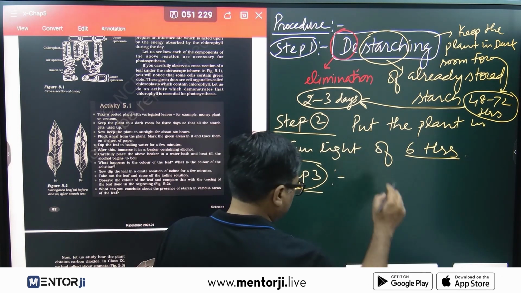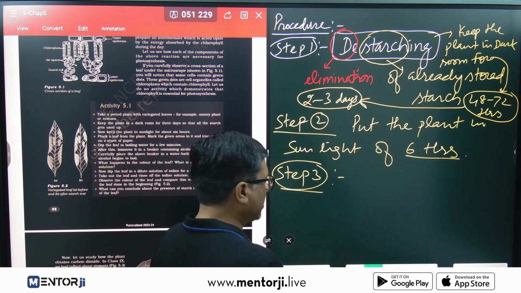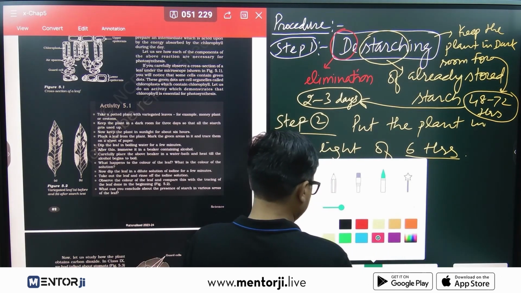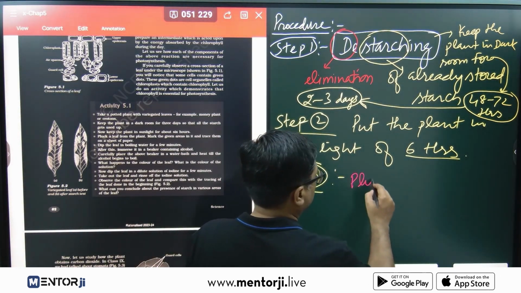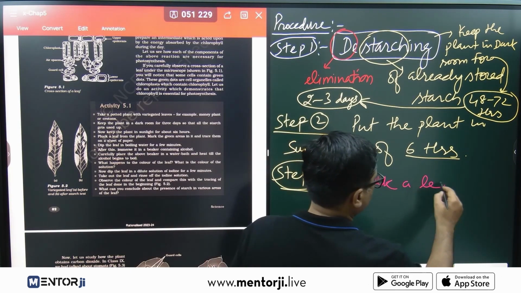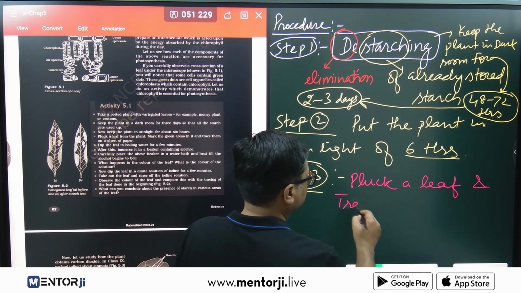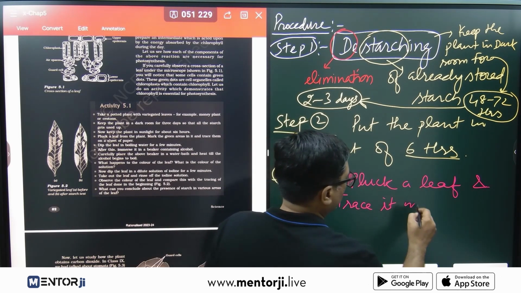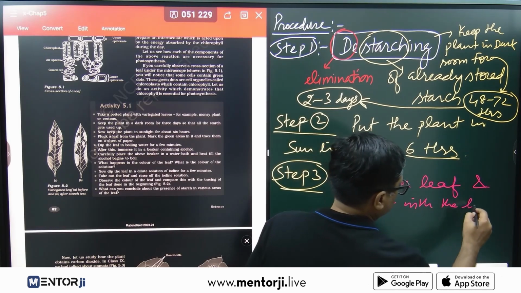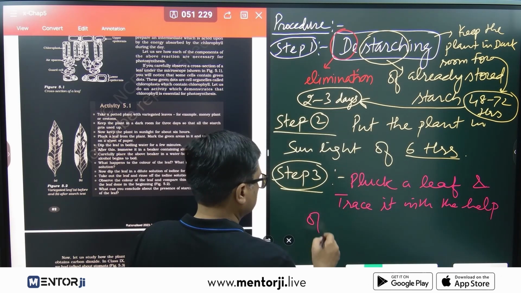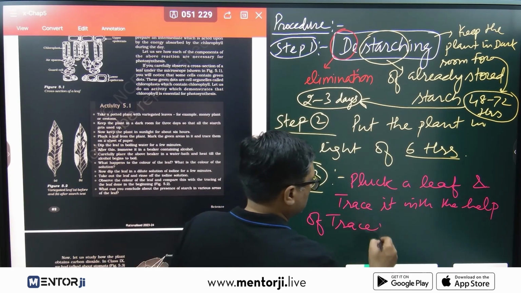In step 3, we pluck a leaf and trace it with the help of trace paper.